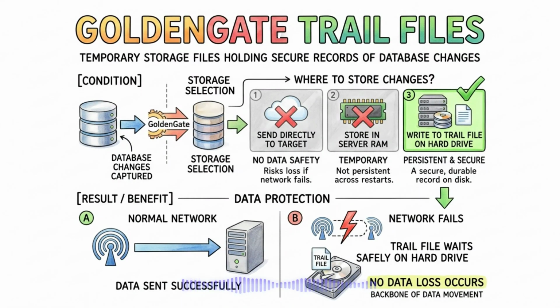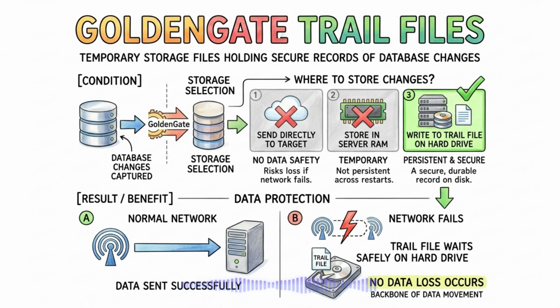Now let us look at the actual data files that these servers move around, which are called trail files. A trail file is simply a temporary storage file on your server where GoldenGate keeps a secure record of the database changes. When data is captured, it is written into a trail file.